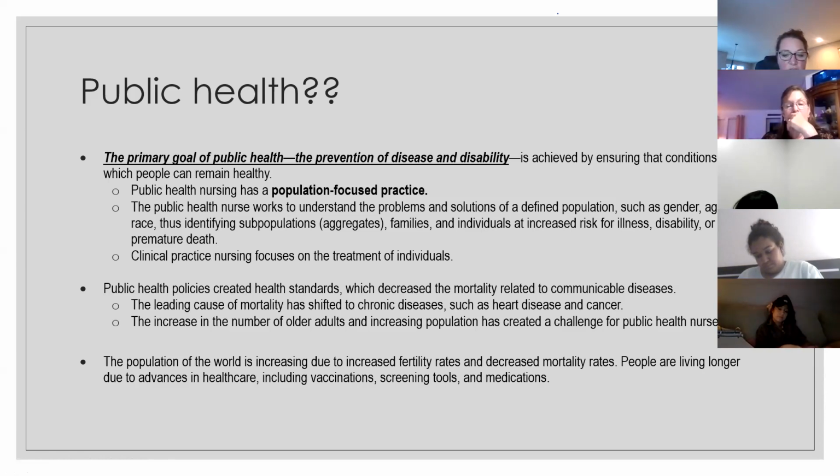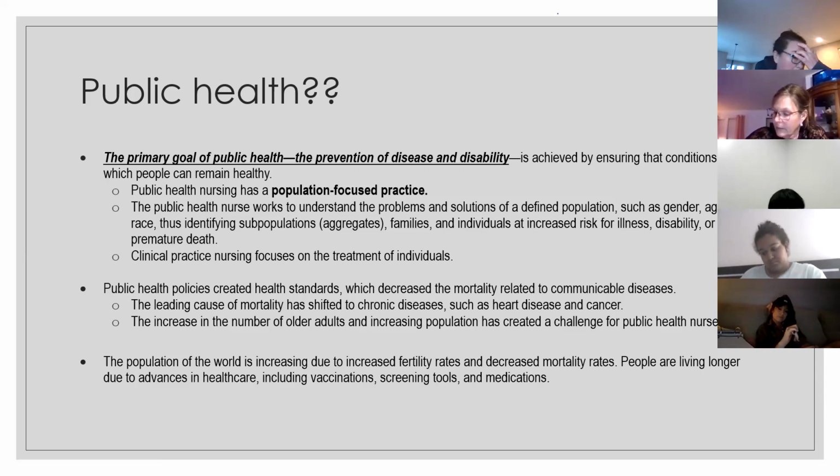So now we have these challenges because we have the increased population. We know the world is increasing because fertility rates are up, decreasing mortality, living longer, vaccinations, screenings, medications. Any questions on that one?